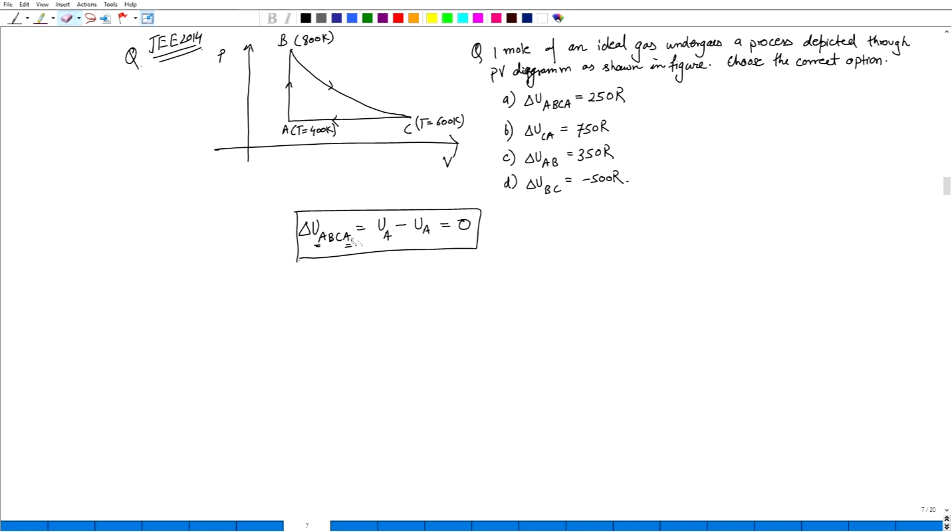Delta U for CA: from C to A, we need to apply the first law of thermodynamics to get delta U, or can we get this from C to A just by using our usual formula n CV dT?